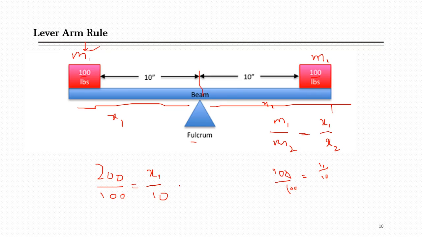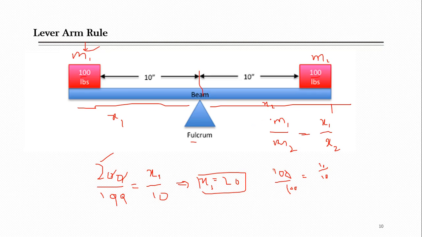Now just solve this, and you will get x1 equal to 20. So if you place this 200 pound mass, you have to place it 20 inches away from this center so that they can stay in equilibrium.